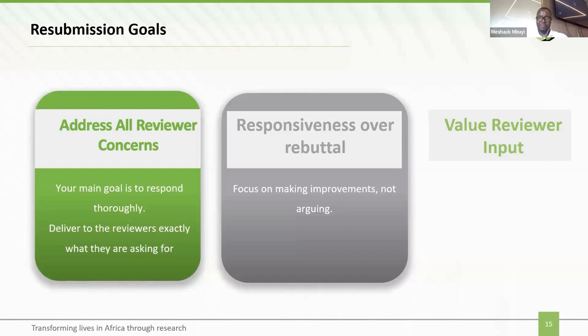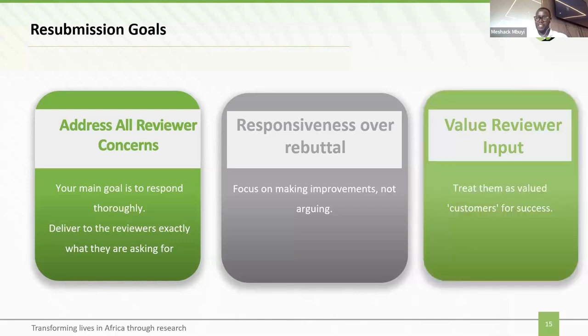There's a way you can respond to something in a way that you're attacking, or arguing, or defending, or being defensive. So you need to be responsive, focus on making improvements and not on arguing, providing feedback on this is the improvement I've made, this is why. Also, value reviewer input. Remember, at the time the reviewer is reviewing your application, they are your customer.